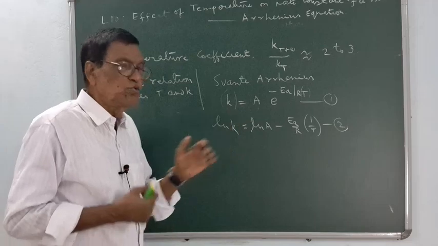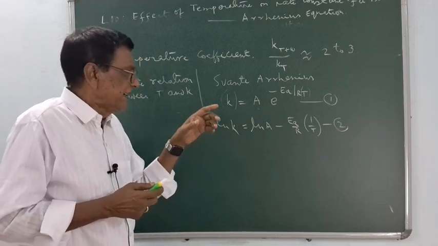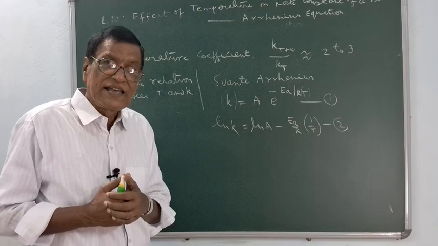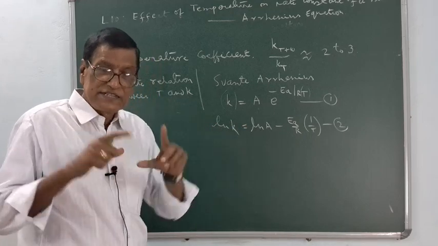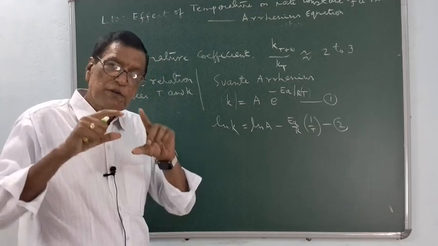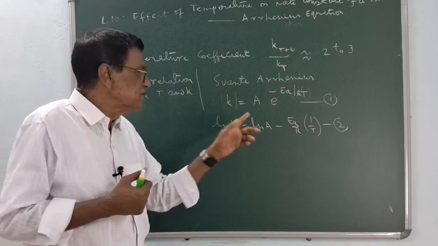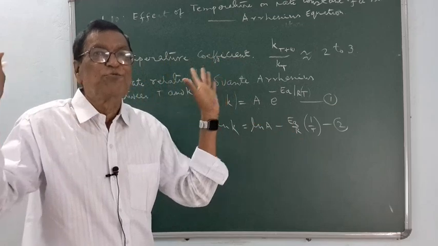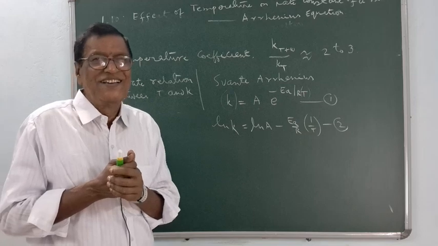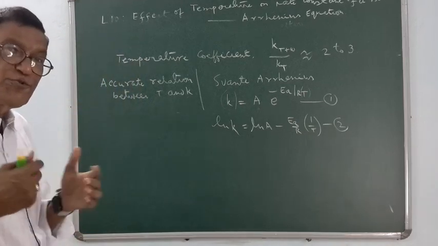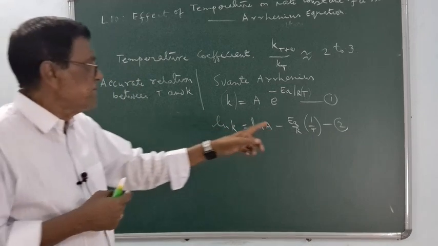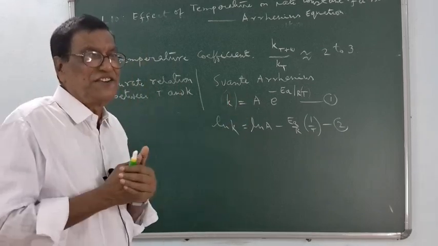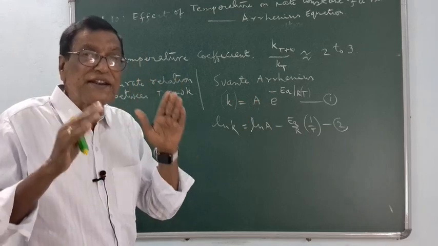So, if you would like to determine experimentally the activation energy of a reaction and also the frequency factor, these two are important terms of a particular reaction. These two are constant for a particular reaction, independent of temperature, as we have assumed. So, what shall we have to do? At different temperatures, the rate constant of the reaction is to be determined by experimental method.